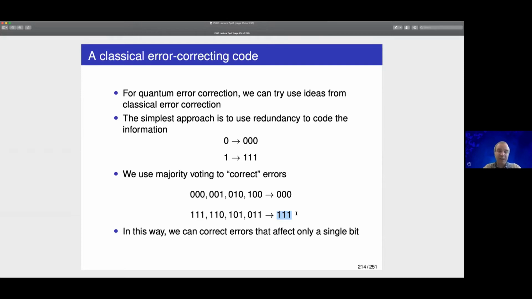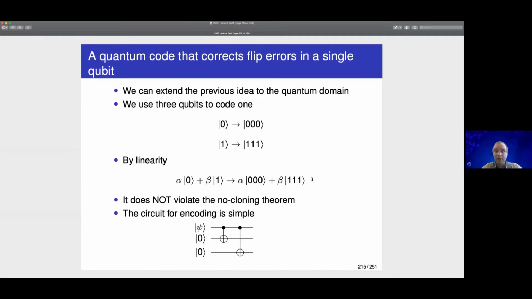You have some redundancy, some multiple copies of the same information, and from this majority you can restore the correct values, provided that not many of the bits that you have used have been modified in the channel or have been affected by noise. Okay, so the idea is in the quantum setting to try to do the same with the basic states that we use to define information.